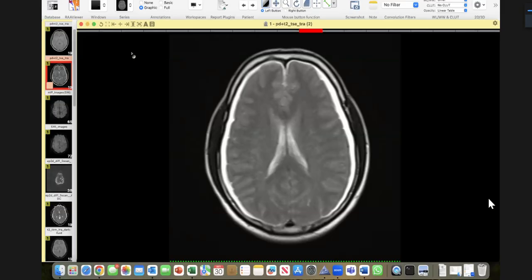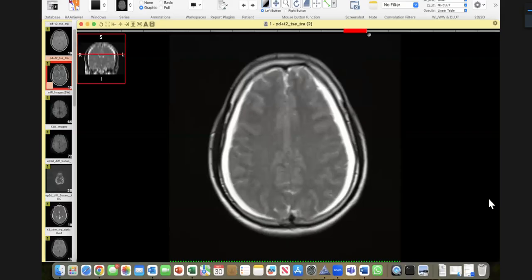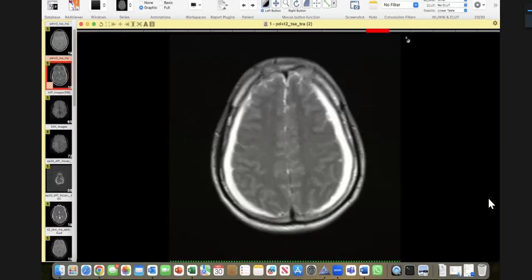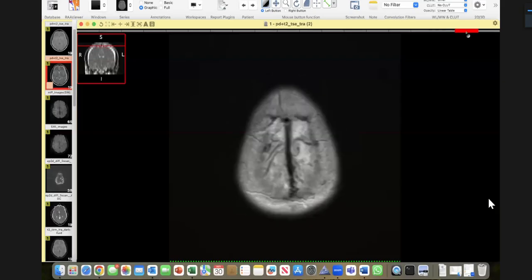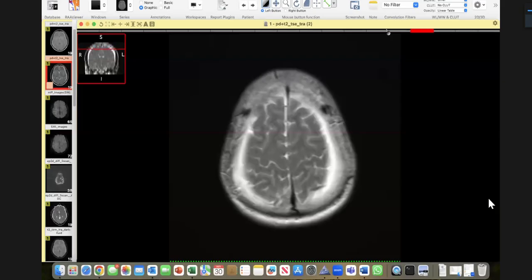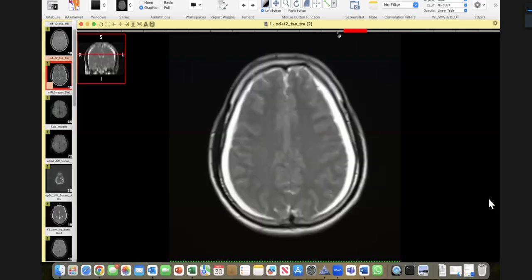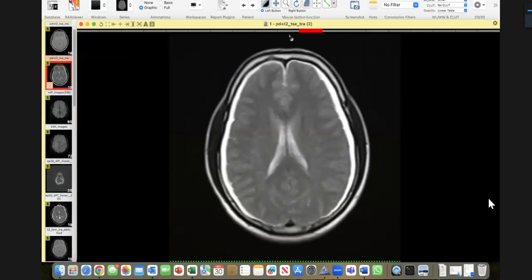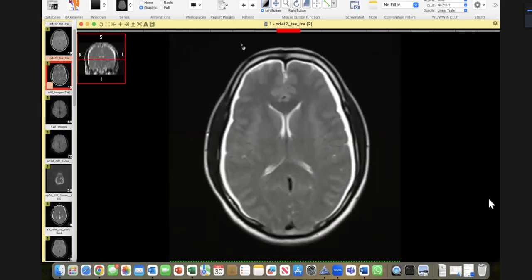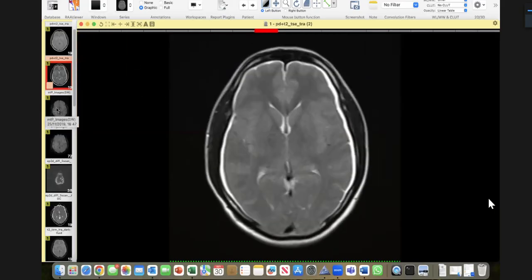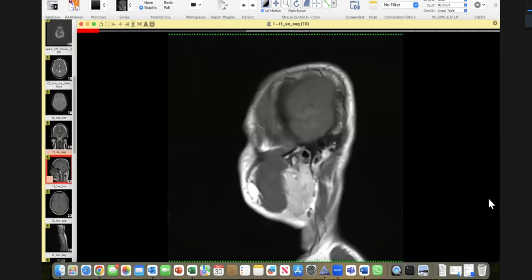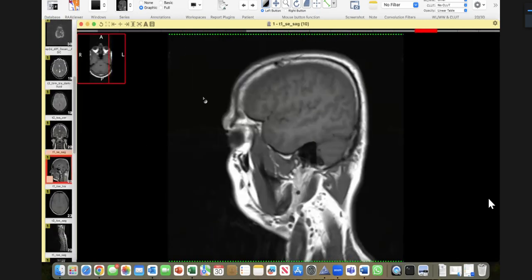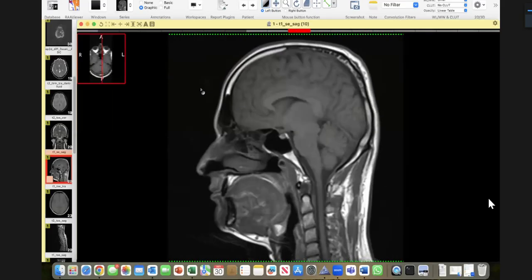And furthermore, sir, I would like to see any other cause or any other pathology. Sir, I would like to see the sagittal images to rule out tonsillar herniation. I've got only this one.